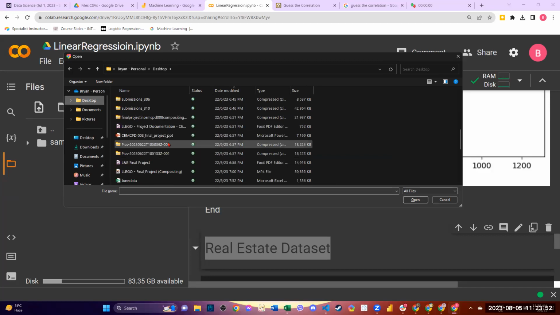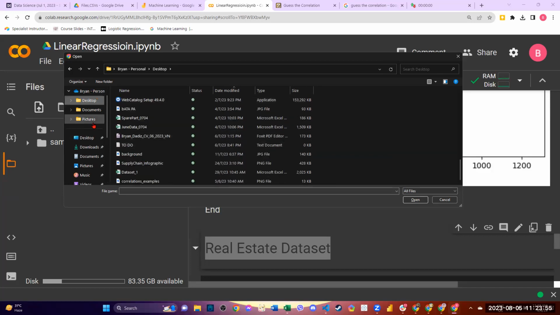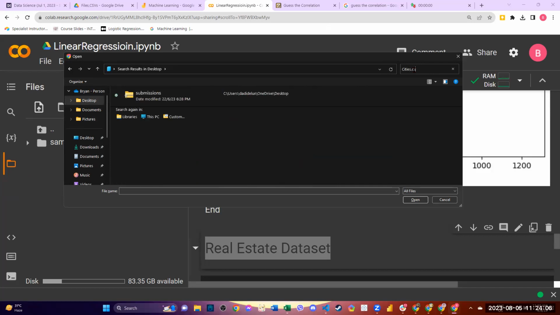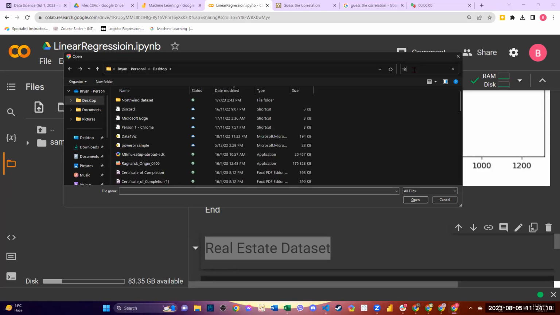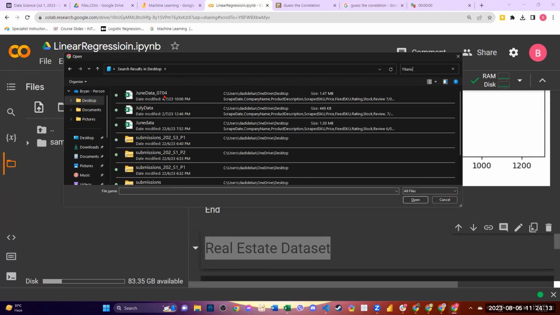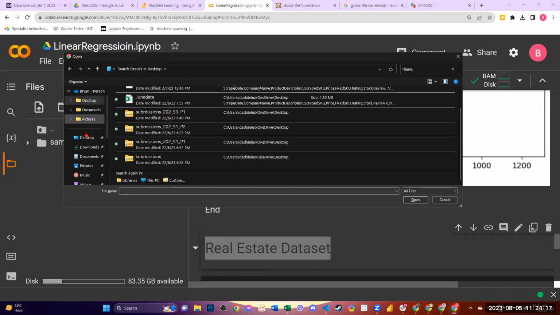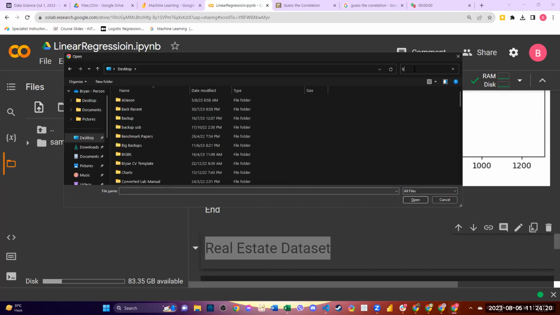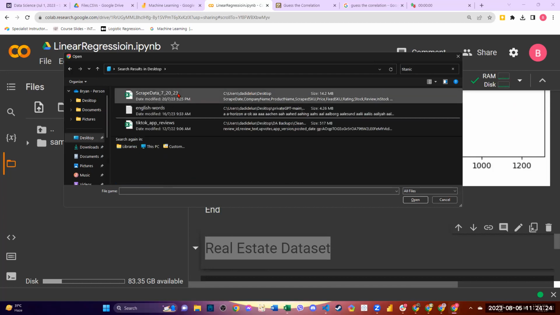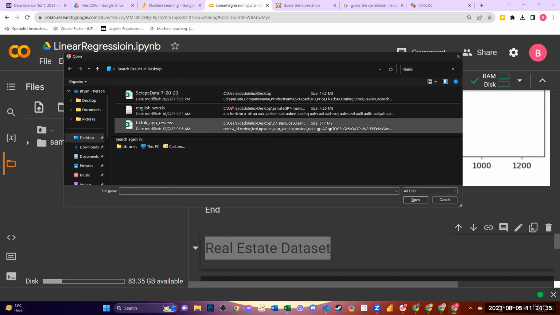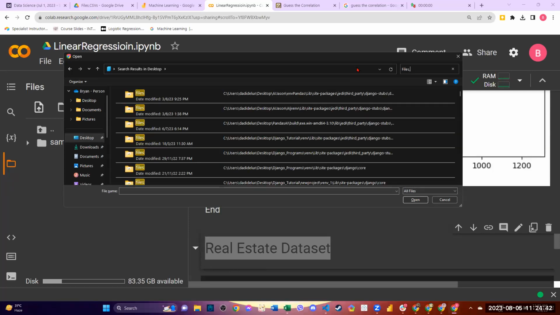Where did I put it? Maybe I removed it here, so I'm going to download. I see files.